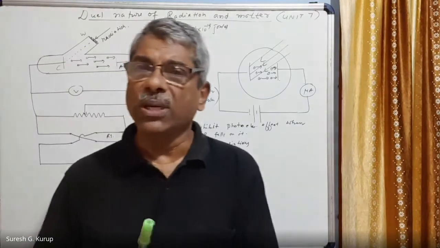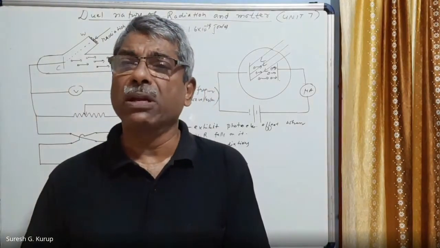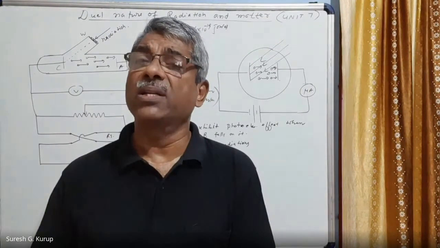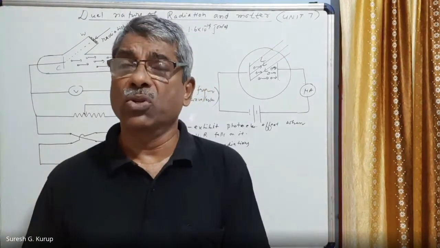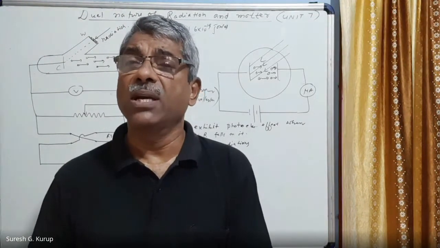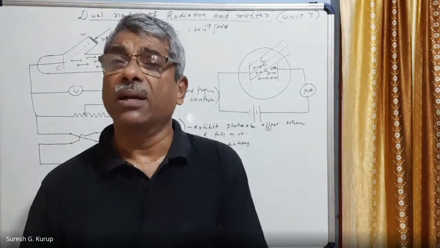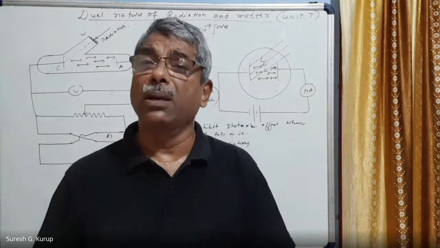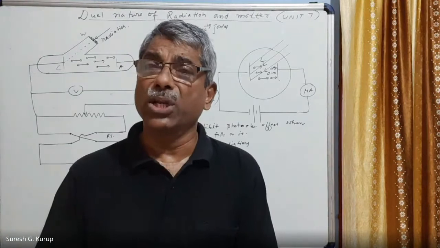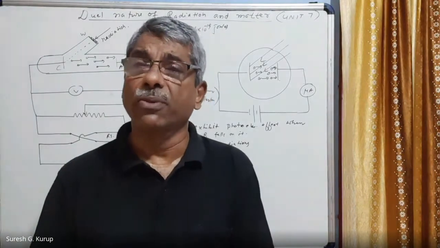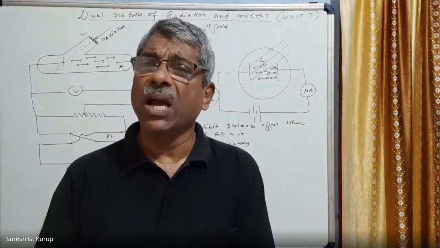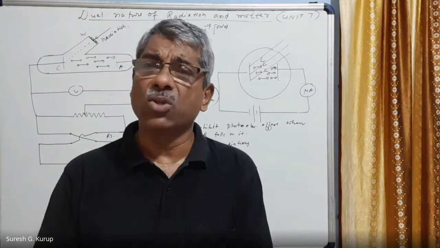So for the time being, we have to consider the radiant energy, light, that means visible radiations, ultraviolet radiations, infrared radiations, etc., as having a particle nature of light. Particle nature of light means these radiations consist of small particles called photons. Photons are also called quanta because they have a quantity of energy associated with them.